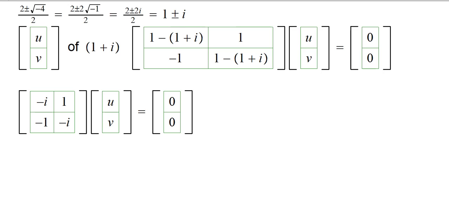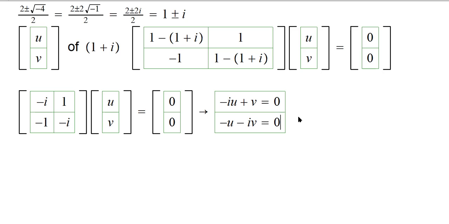So what this implies is that you will get two equations as a consequence of this. One of them is negative iu plus v equals 0. The other one is negative u minus iv equals 0. So what does the first one give?